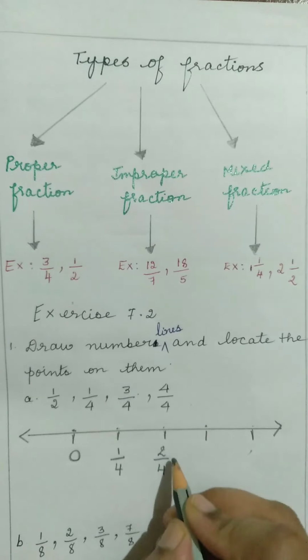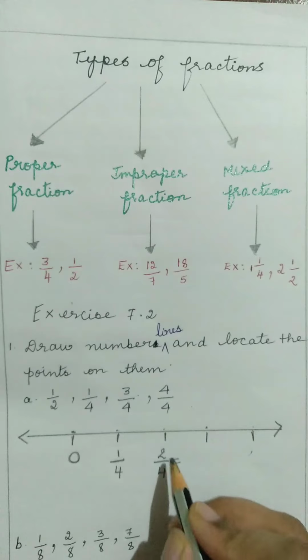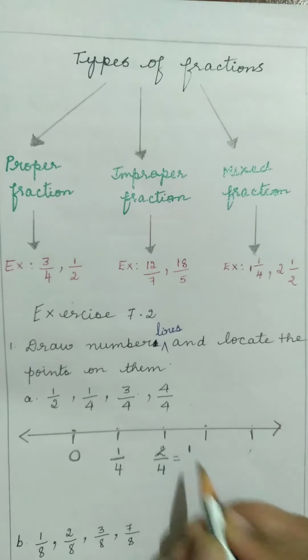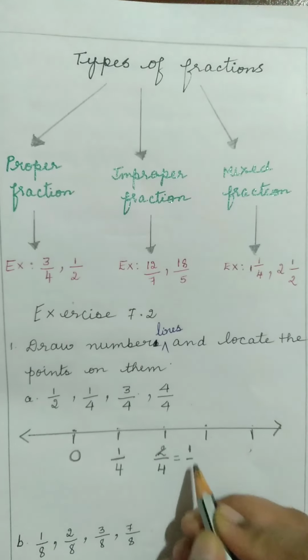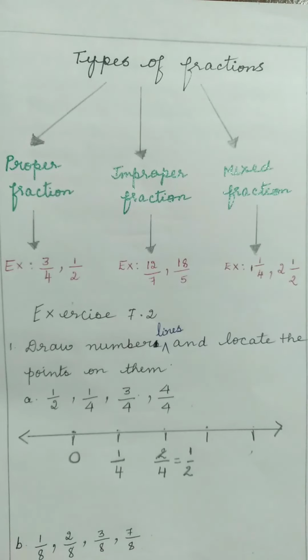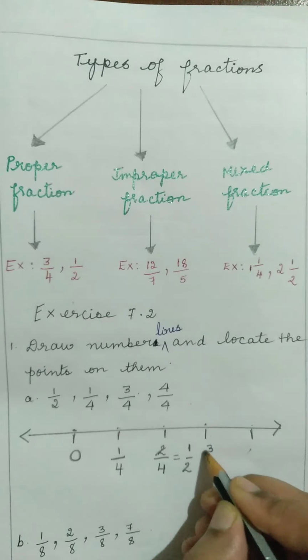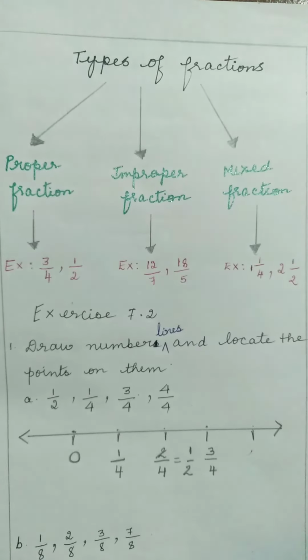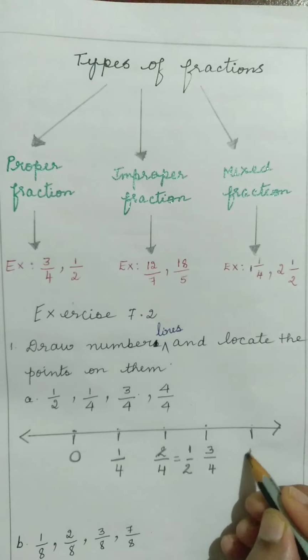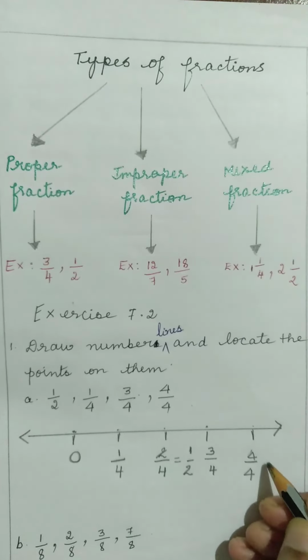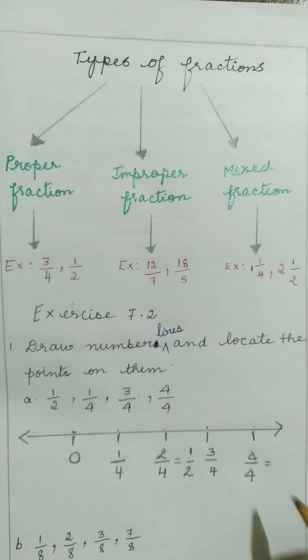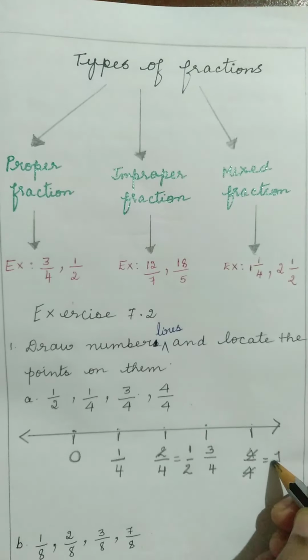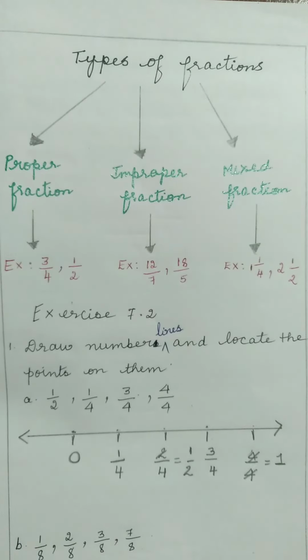On further simplification, you get 2 ones are 2 and 2 twos are 4. The next will be 3 by 4 and the last will be 4 by 4. On further simplification, 4 and 4 get cancelled. The remaining value will be equal to 1.